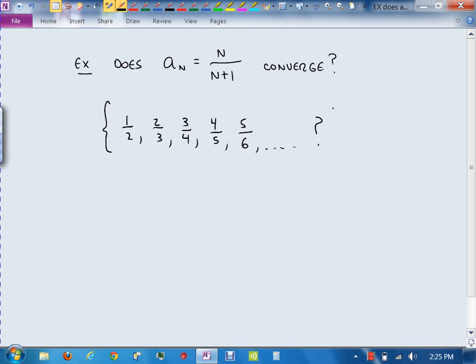But the way we're going to do it is the way we did every limit in calculus, and that's we're going to take the limit as n goes to infinity of n over n plus 1. But what's wrong? If we did this in Cal 1, first of all, we used x's, right?